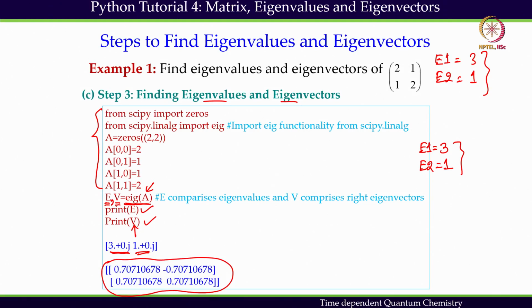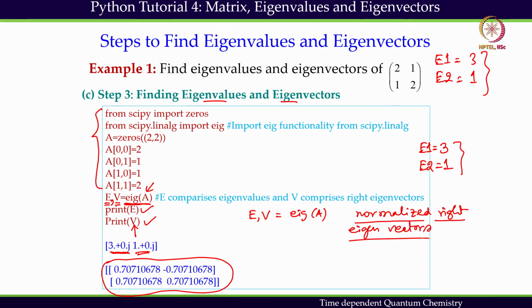So, these vectors are given in the array, and what this construct E, V equals eig A actually does is compute the eigenvalues and give me the normalized right eigenvectors.